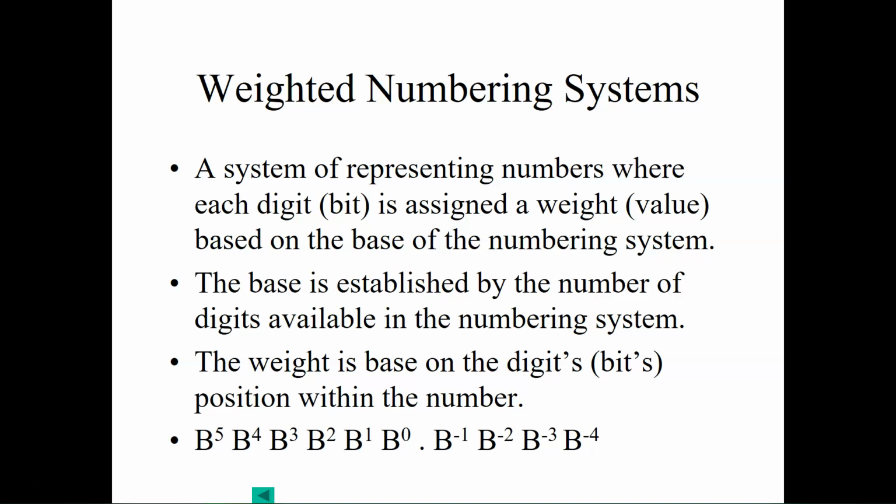So the base is established by the number of digits available in the system and the position where it's set in that number. I don't know if you remember going back to when you first started learning your numbers and you learned, well, we have the ones place, we have the tens place, we have the hundreds place, the thousands, the 10,000s, the 100,000s, so forth and so on, yes?